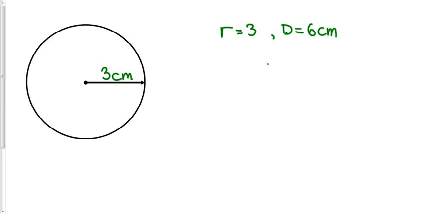I can then go straight ahead to C equals pi d. So C equals 3.14 times 6.